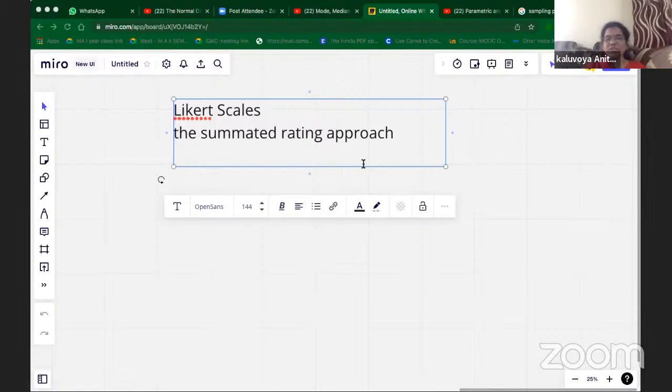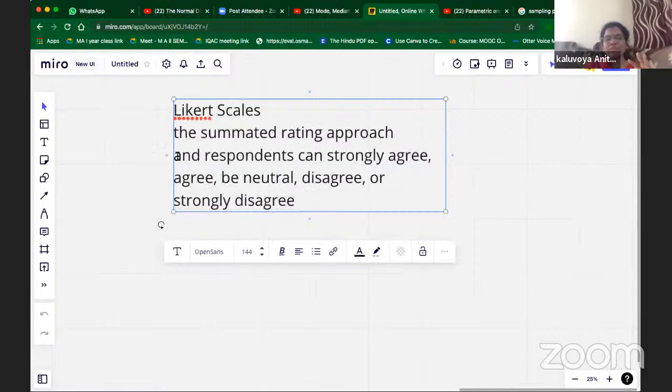In your questionnaire, you have some statements, and you will ask your respondent to either agree, disagree, be neutral, or strongly disagree or strongly agree. So your statements will be given options like this. Each response option is weighted, and each subject's responses are added to produce a single score on the topic.